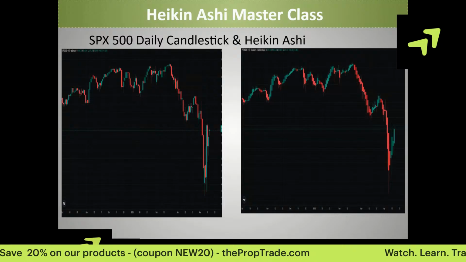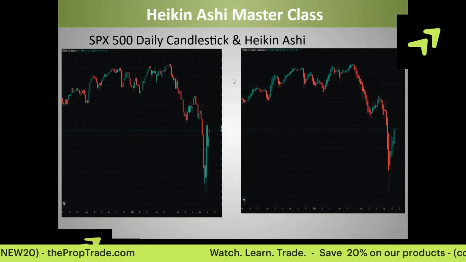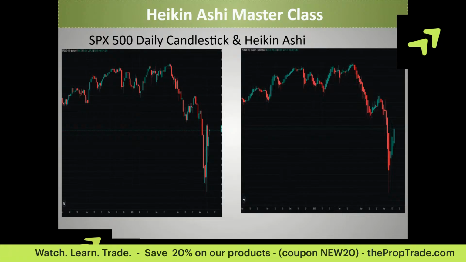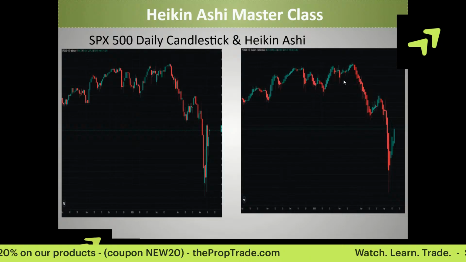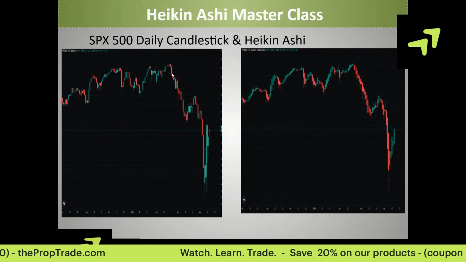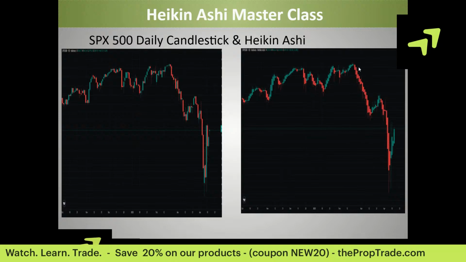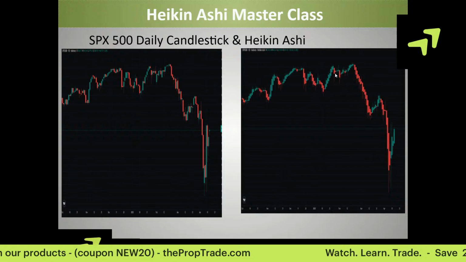So, basically, it's a cleaner chart. I'm just starting to show it here. I don't know if you can see that on the screen, but this bit here, you can see, is a traditional candlestick, so we've got a mixture of green and red, and this big downtrend here. See, Heikin-Ashi candles don't change colour as much, it's clearly negative, clearly positive.